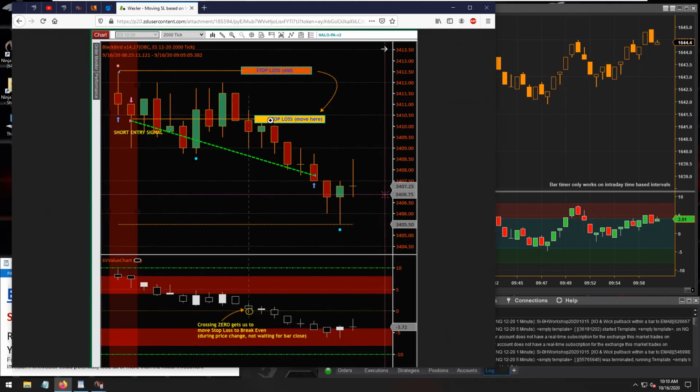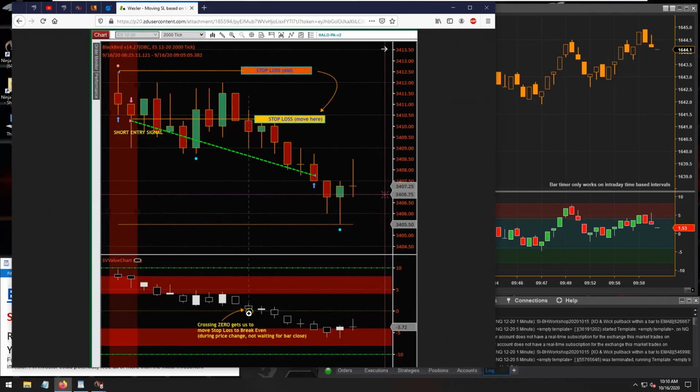But in this example, we'll move our stop loss to break even when this value chart indicator crosses the 0 line. So here's an example of the low of the bar from this indicator penetrating the 0 line, and more importantly, during price change, not waiting for the bar to close.